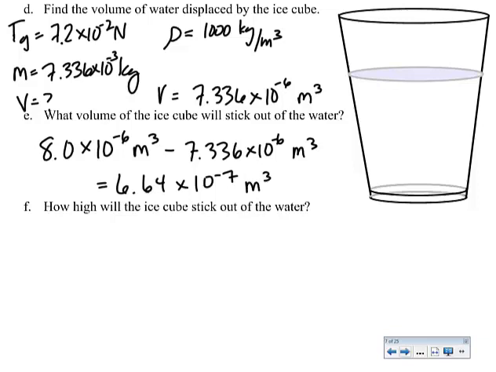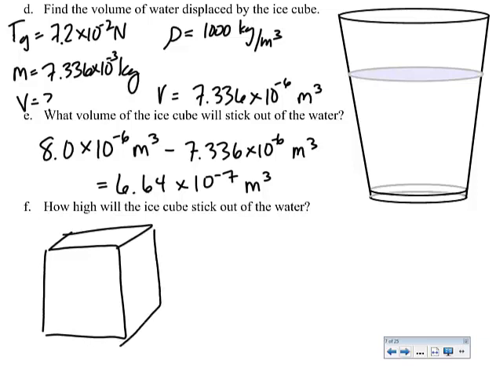F, how high will the ice cube stick out of the water? A sketch might be useful again. I'll do a quick sketch of a cube. I know that the volume that sticks out of the water is equal to 6.64 times 10 to the negative 7th cubic meters.